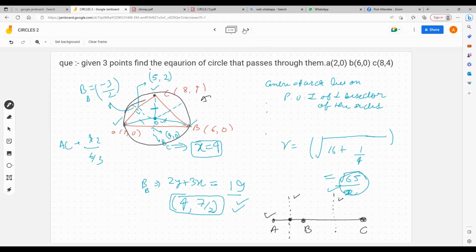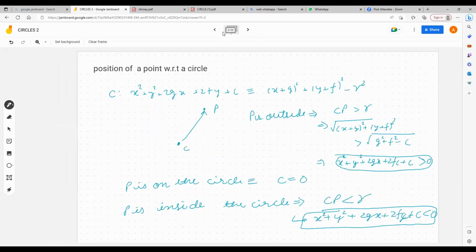And the general procedure of finding such a circle is by first finding the intersection of the perpendicular bisectors of the line segments joining those points. And then when we have found the center of the circle, we can easily find the radius by finding the distance between the center of the circle and any such point.